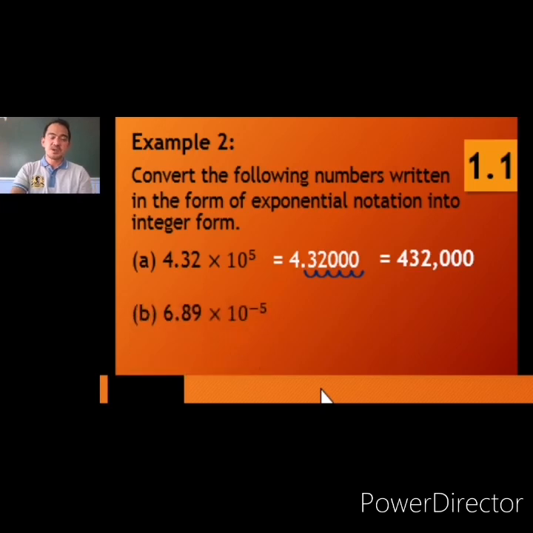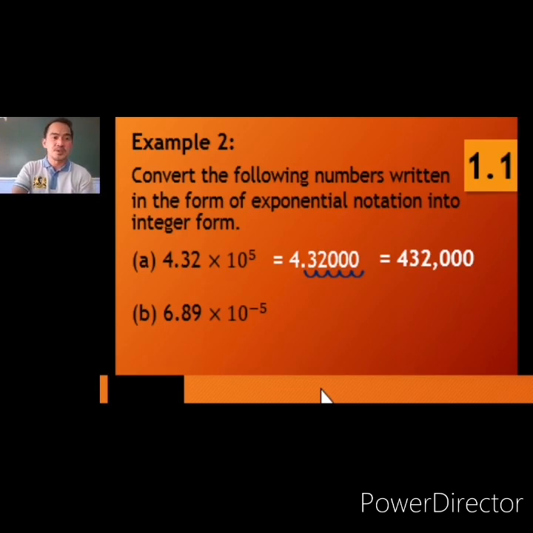Example letter B, 6.89 times 10 raised to negative 5. Look at the power of your base 10, negative 5. Therefore, 6.89 times 10 raised to negative 5 has a very small value. Since your power of base 10 is a negative number, you will move your decimal point towards the left direction.